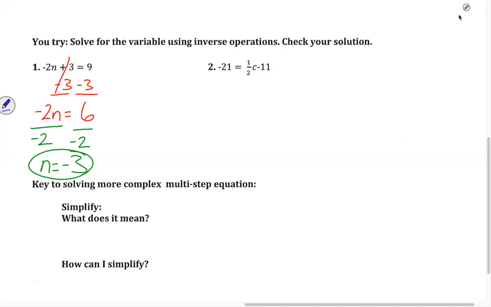The 11. The 11. So it's a minus 11, so I'm going to add 11. These cancel. I'm left with half of C equals negative 21 plus 11. This is why you need a calculator. That's going to be negative 10.